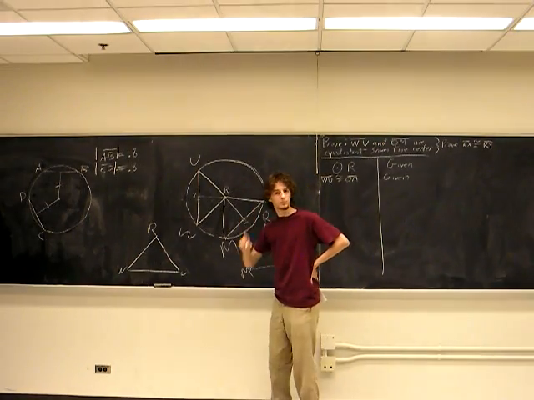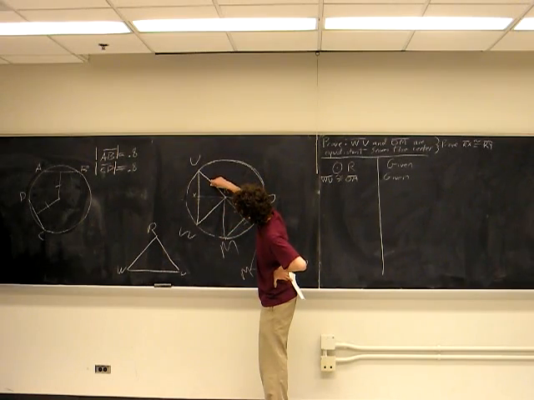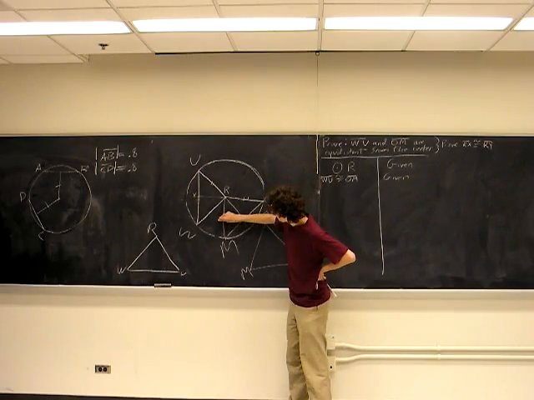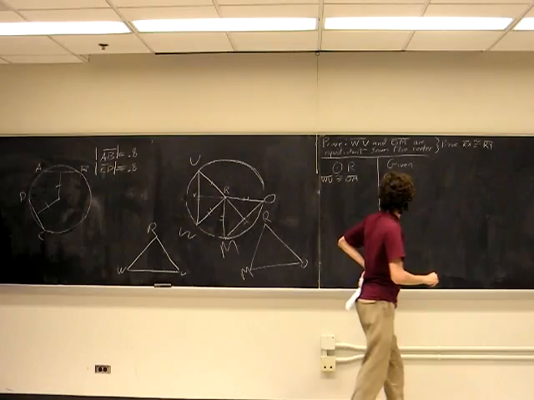And we know, because they're radii, that RU, RO, RM, and RW are all congruent.